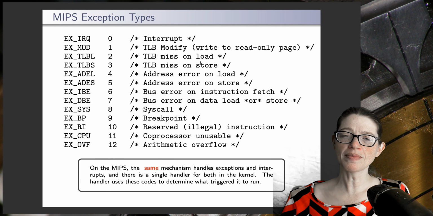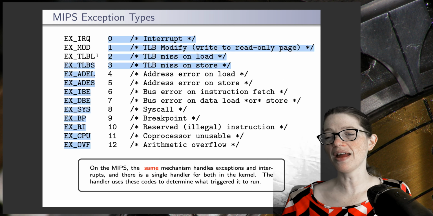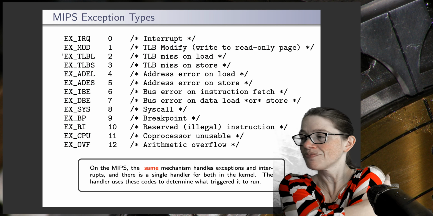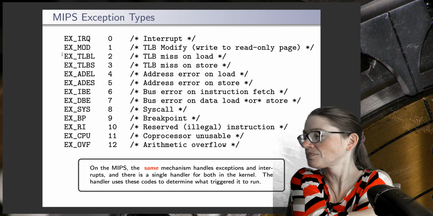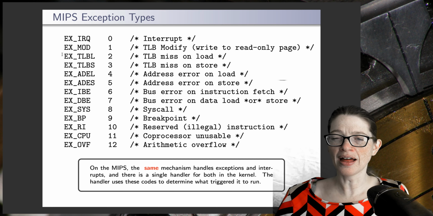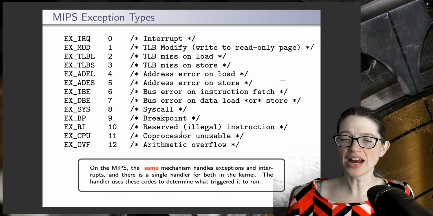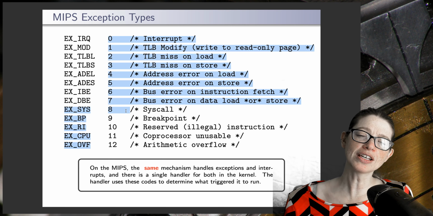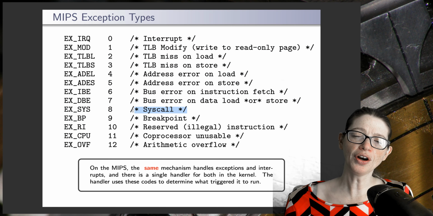You've got TLB miss on load, TLB miss on store, which you may have come across if you've started working on assignment A2. And then you've also got things like address errors, bus errors, arithmetic overflow. And then the one we are going to make use of for interacting with the kernel is exception 8, EX_SYS for syscall.